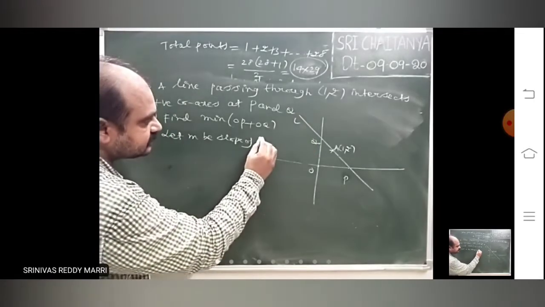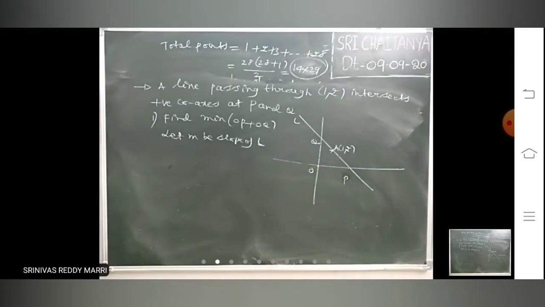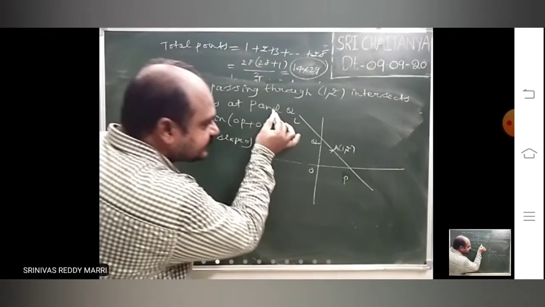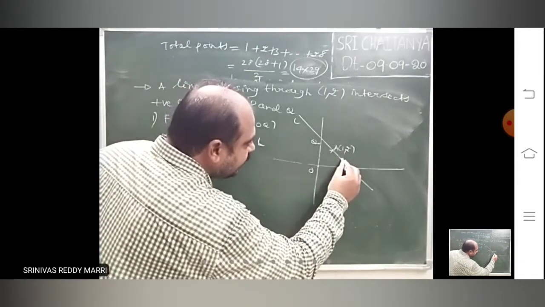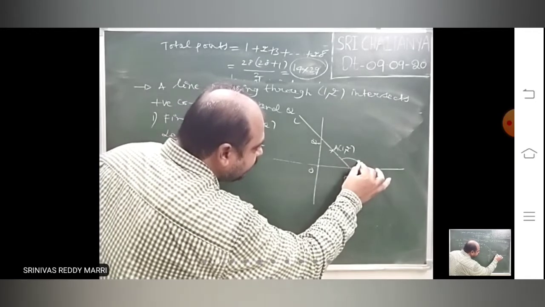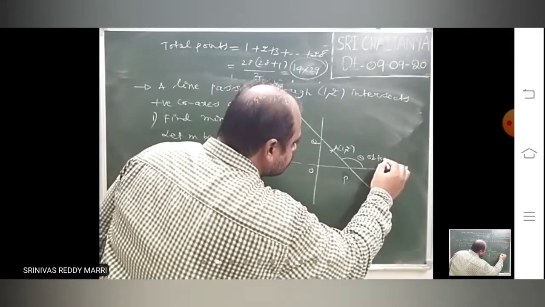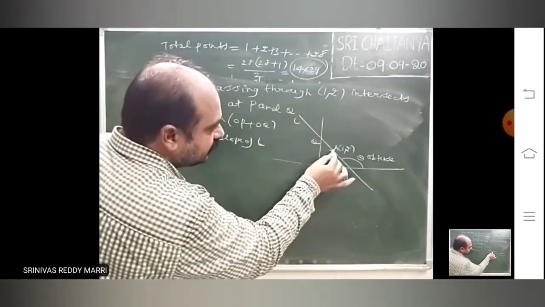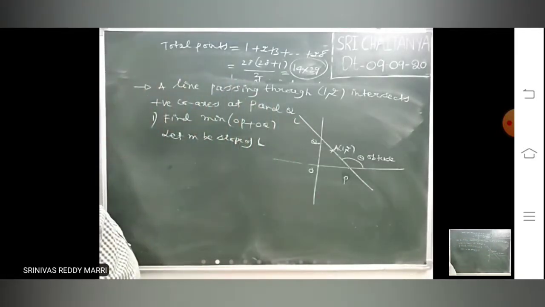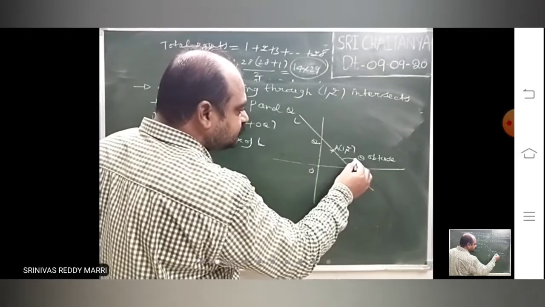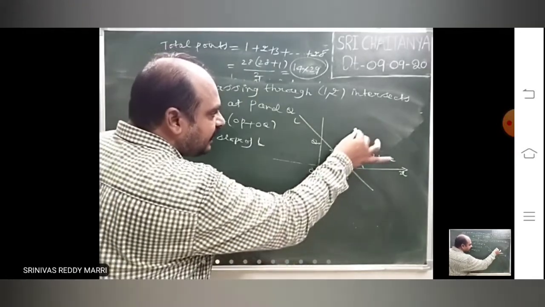Let us say this line is L, and let m be the slope of L. Passing through (1, 2), you draw any line intersecting the positive coordinate axes. The angle theta, the inclination, will be obtuse, making an obtuse angle with OX in this direction.